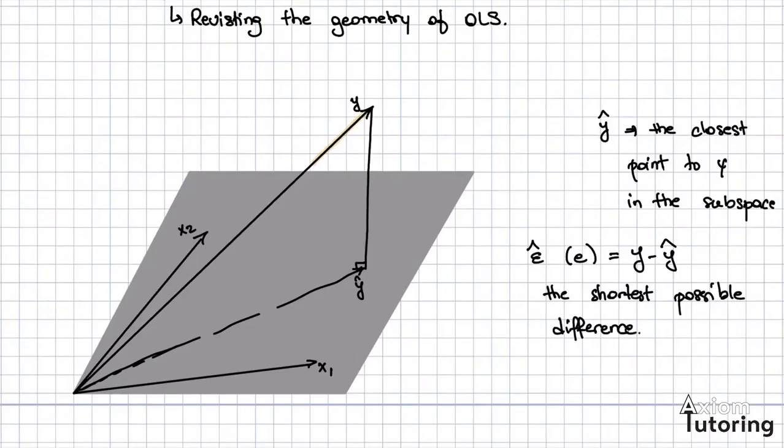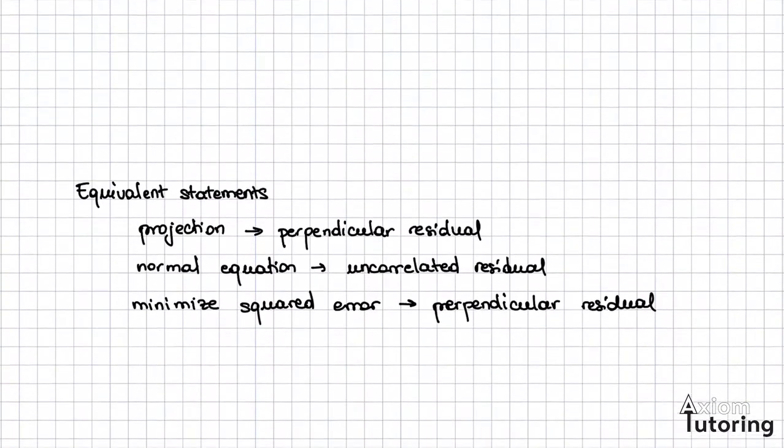By geometry, as we can see, this shortest difference occurs only if this residual is perpendicular to the subspace, because if this is the distance, this is exactly the residual. So a projection into a subspace produces a residual orthogonal to the subspace. Equivalently: projection, perpendicular residual; normal equation, uncorrelated residual; minimized squared error, perpendicular residual.